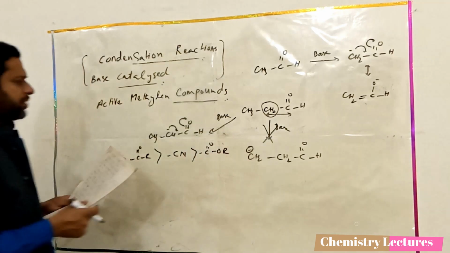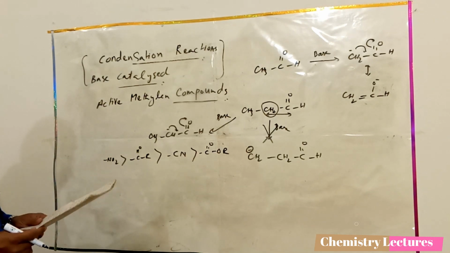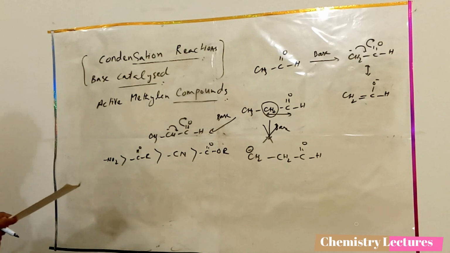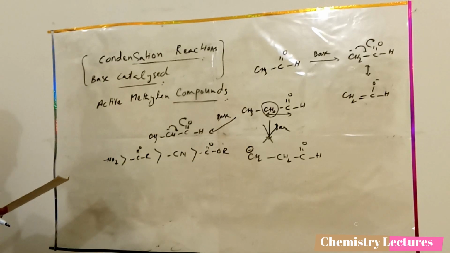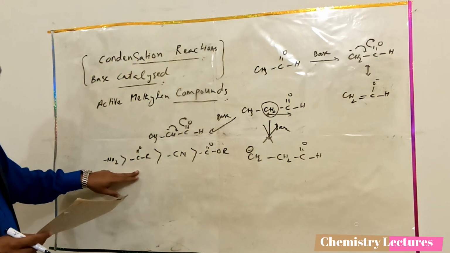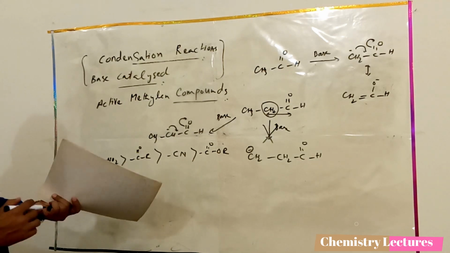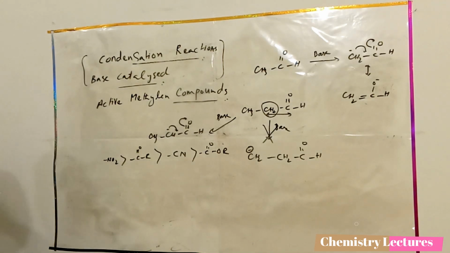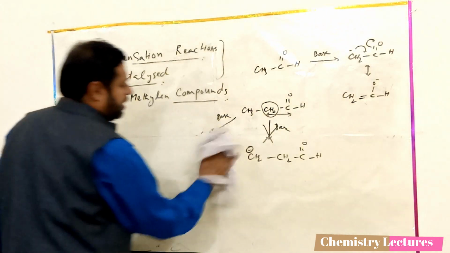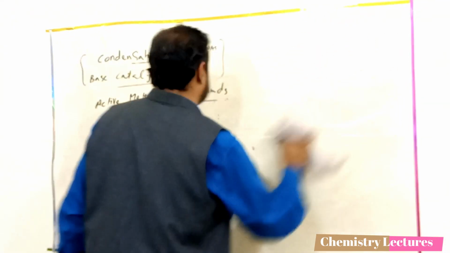All these groups, when attached to any methylene, convert the methylene into an active methylene compound. It is very easy to remove a proton from that methylene group.